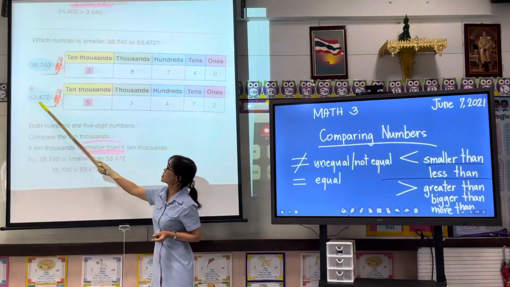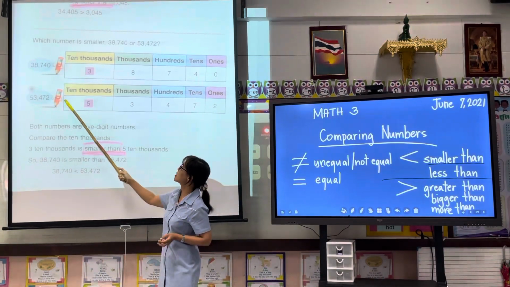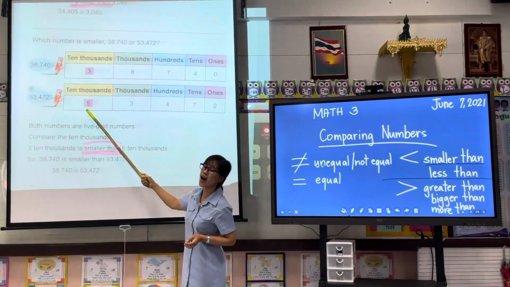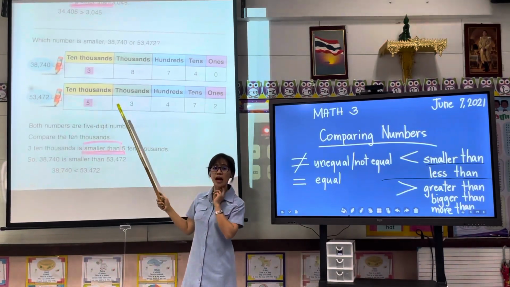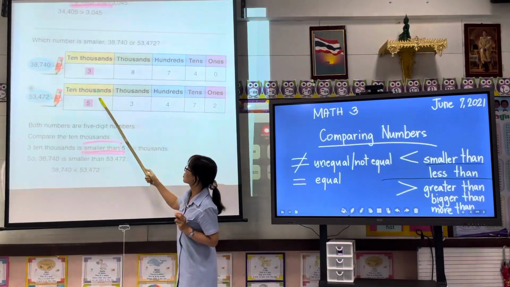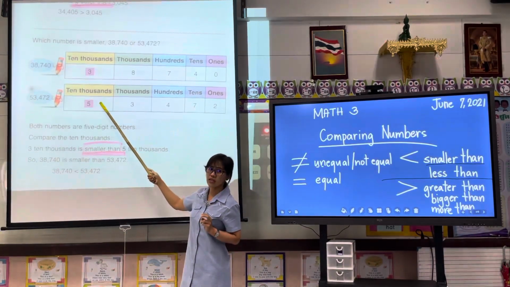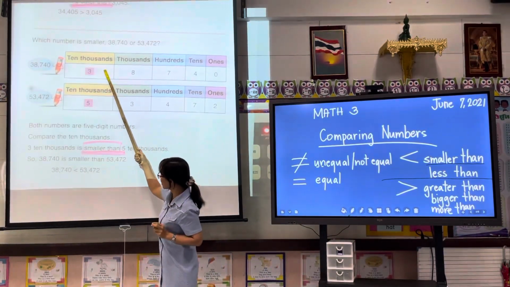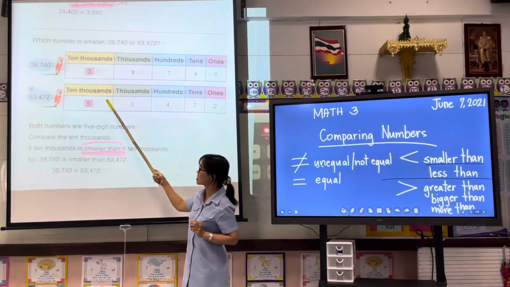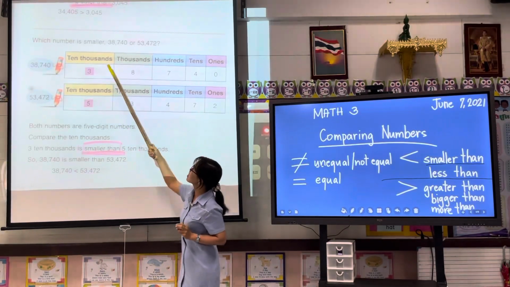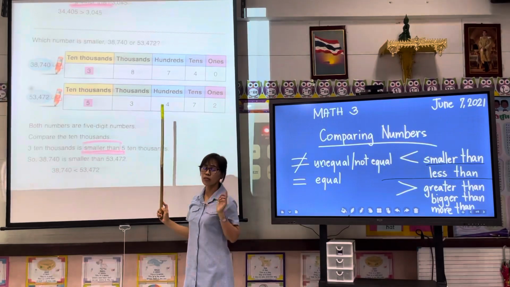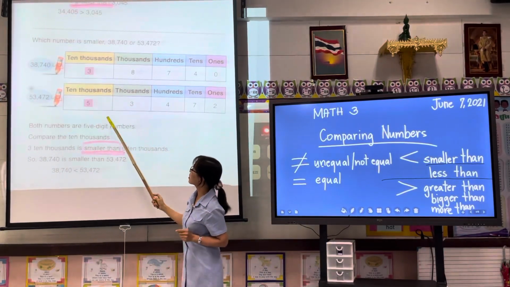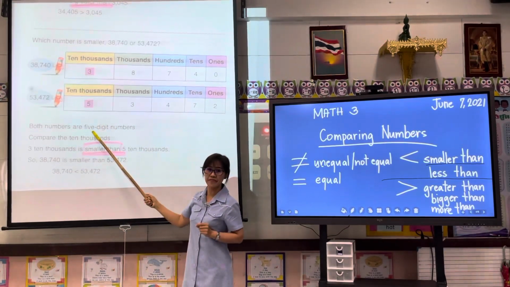What about here? In 53,472, what is the digit in the 10,000s? It's 5. Okay? 5 10,000s. Now, you compare these two digits in the 10,000s place. 3 10,000s and 5 10,000s. Which is smaller? We are looking for the smaller number. Is it 3 or 5?